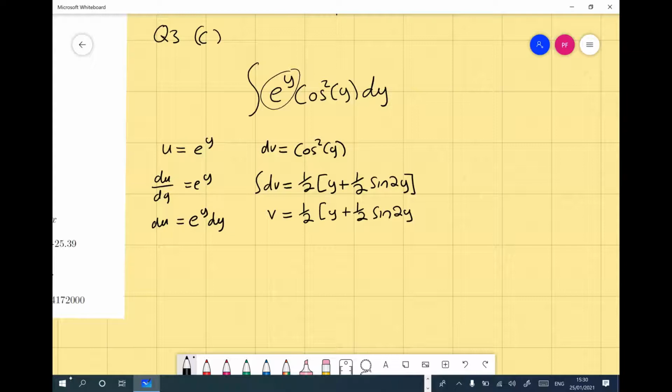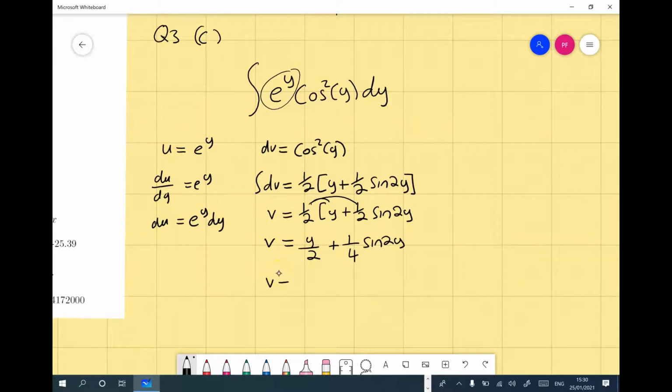Now I'm going to multiply my half in just to make things a little easier to look at. So a half by y is y over 2, and a half of a half is a quarter of sine of 2y.